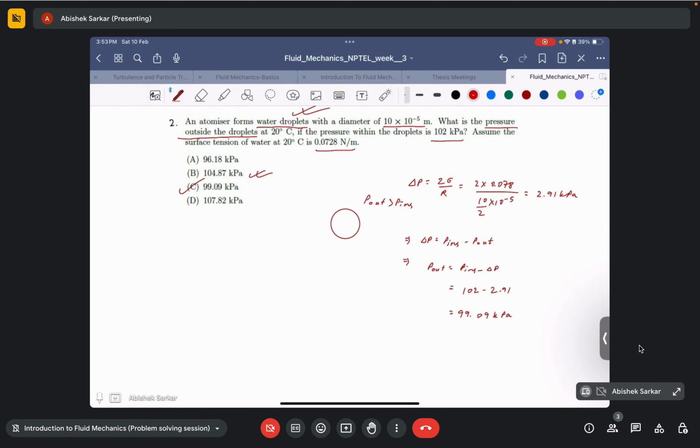Why is there a requirement of a bit of excess pressure for the bubble to maintain its shape? It's very little compared to atmospheric pressure, only 2.91 kilopascal compared to 102 kilopascal. Why is there a need of extra pressure for the bubble to exist?